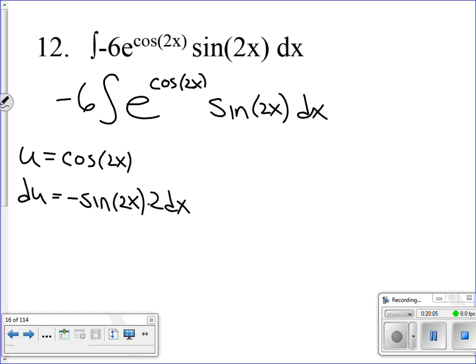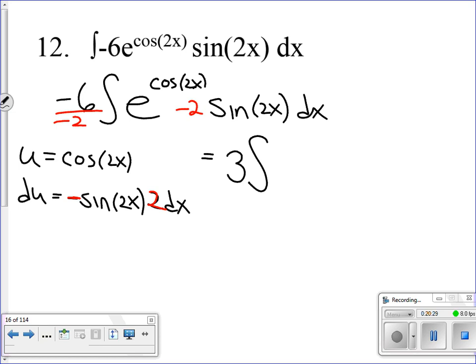Now we look for missing factors. Well, we need the 2 and we need the negative 1. So if we put a negative 2 in, we need to divide by negative 2 on the outside. Now when we rewrite this in terms of u, outside we have negative 6 over negative 2, which is positive 3.